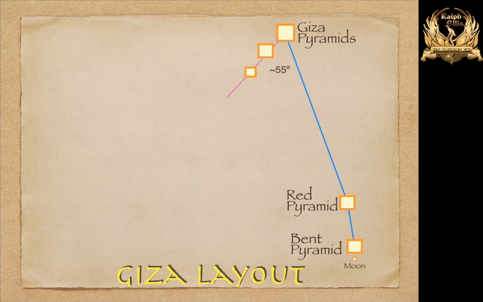And there's an angle there of about 55 degrees between the two. What is this layout demonstrating? Well, the angle I'm really interested in is the one down here. Between the straight line and the Bent Pyramid, we get this angle of 191 degrees. And that happens to be 11 degrees displaced from a straight line.